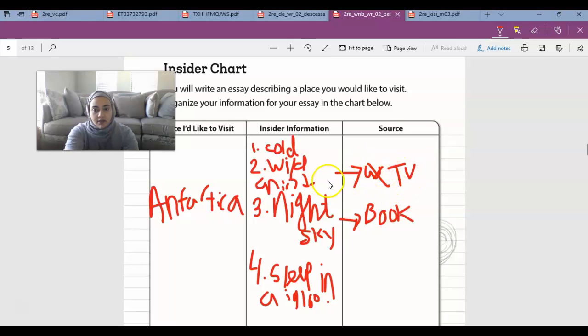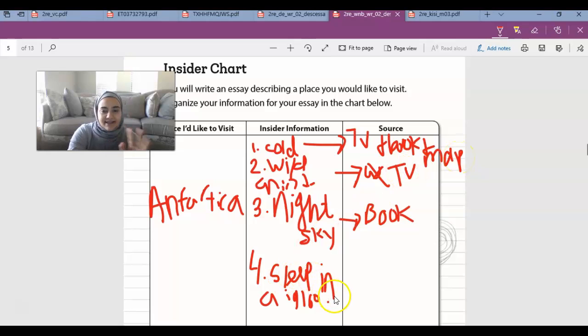Obviously yours is going to look a lot nicer than mine. Mine looks sloppy because I'm doing it with my mouse. All right, it's cold. I know it's cold because I've seen that on TV and read it in a book. And I've seen it on a map, right? That it's all ice. And map. And again, you're going to write "and." You're not going to write the symbol. I am because, again, I'm writing with the mouse.